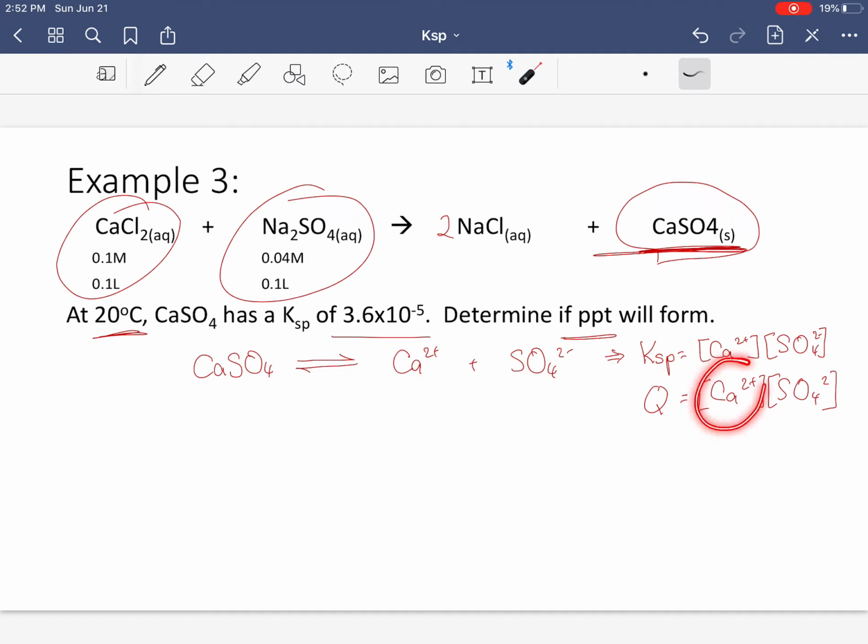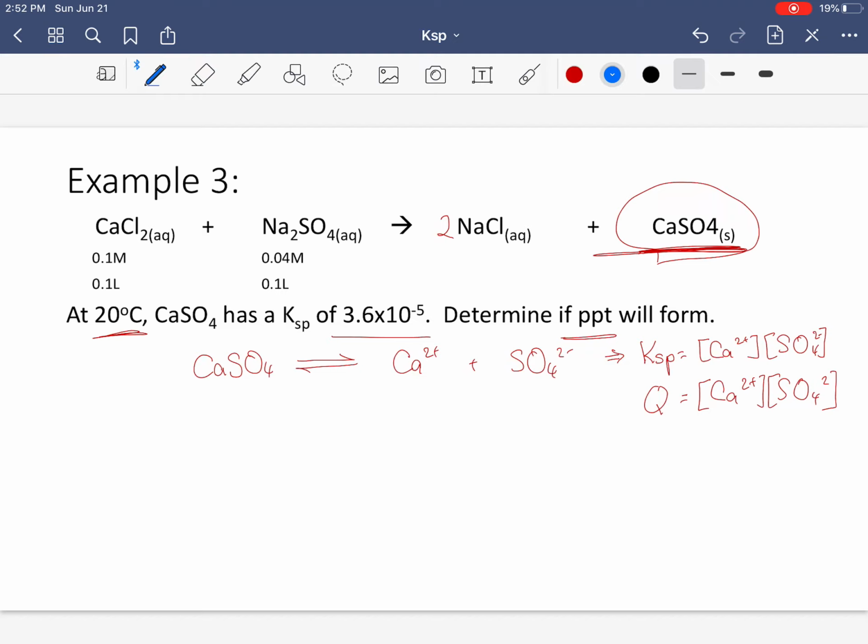Now, what we want to do is find out what this is and find out what this is and multiply the two numbers together. That's not hard to do, just a lot of stoichiometry, a lot of calculations. So let me do this using color.